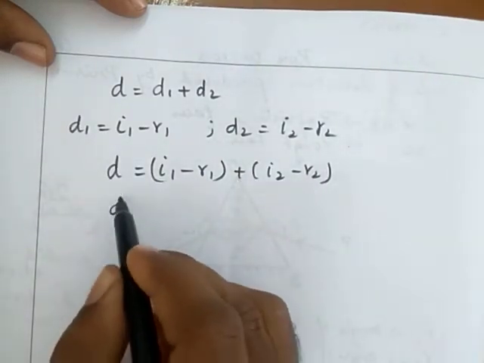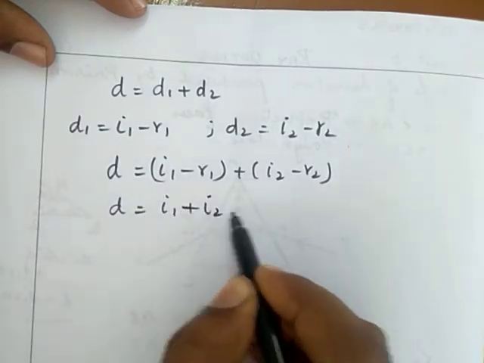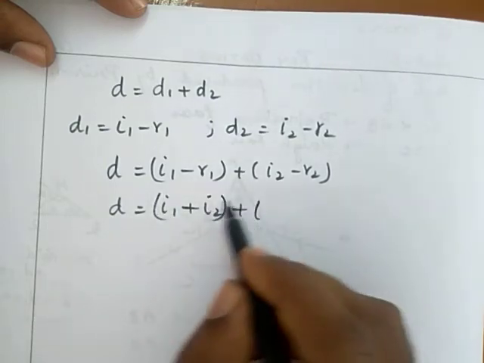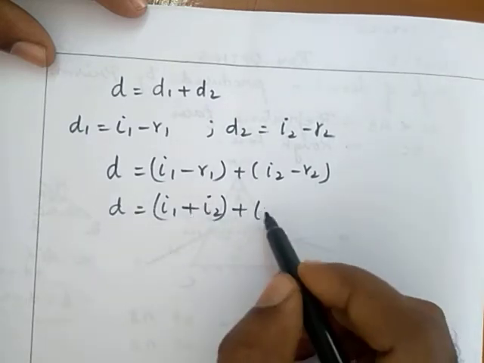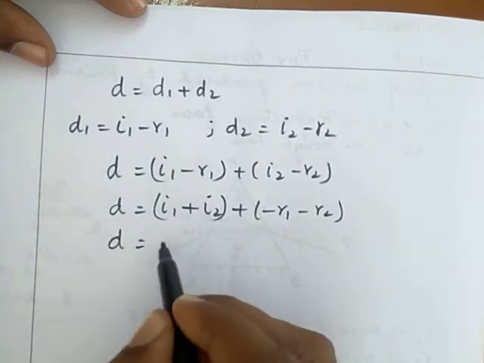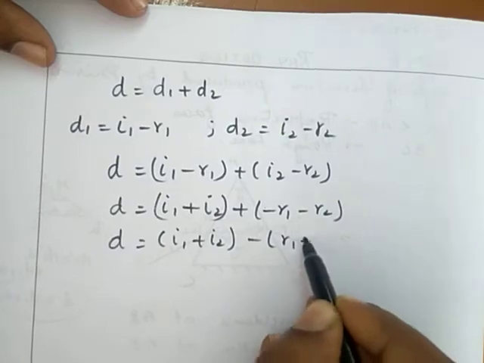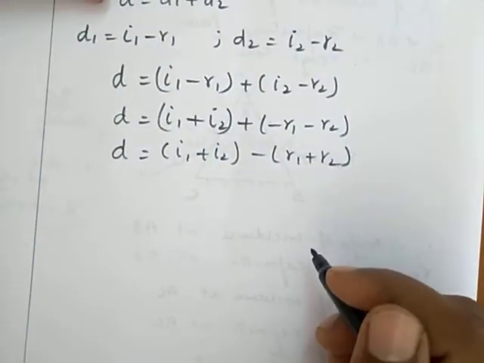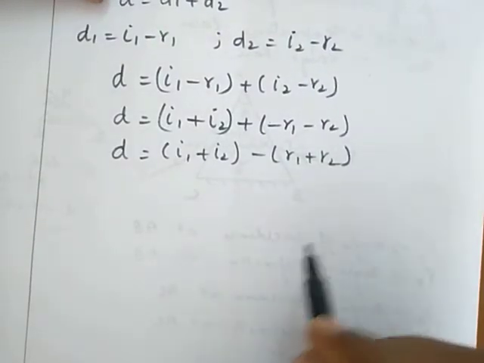Rearranging this, we get I1 plus I2 minus R1 plus R2. This is the equation for the angle of deviation in the prism.